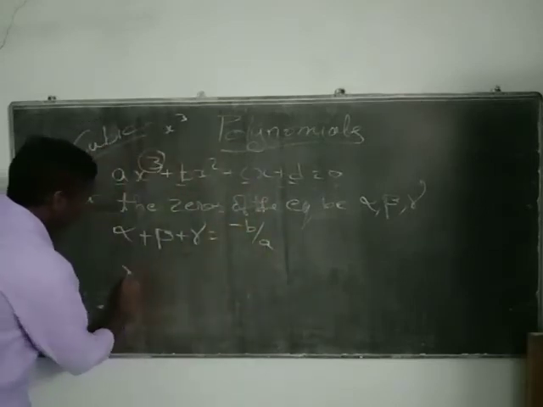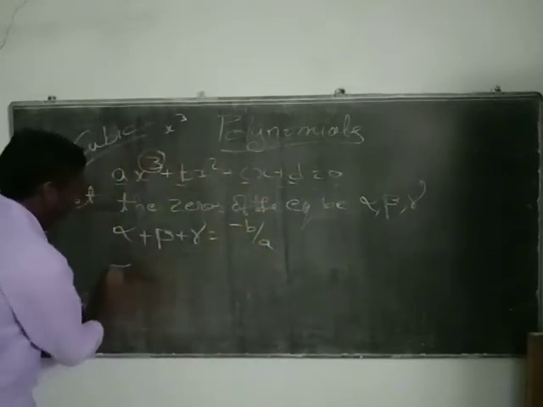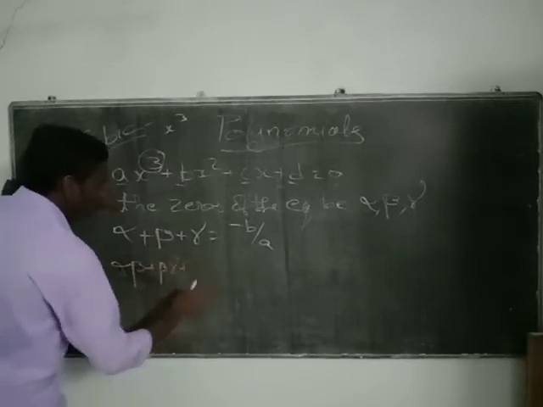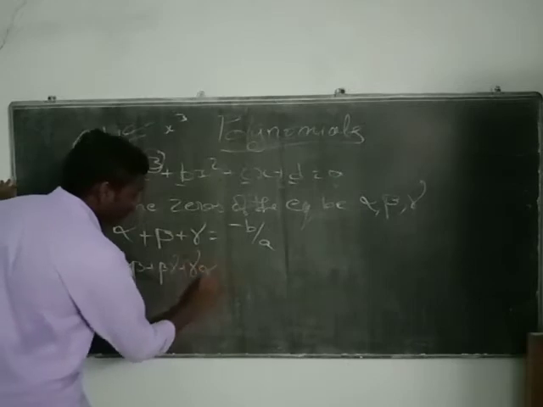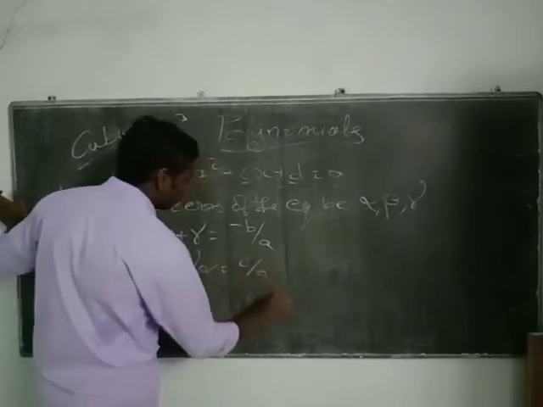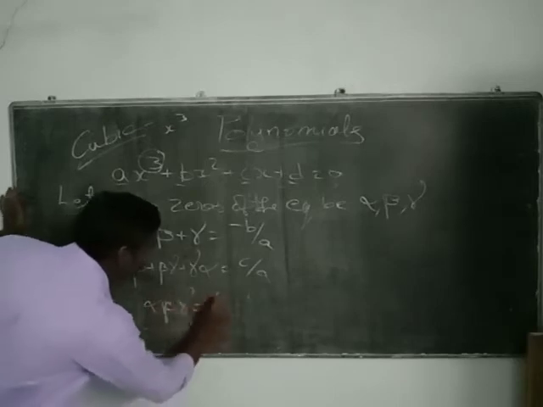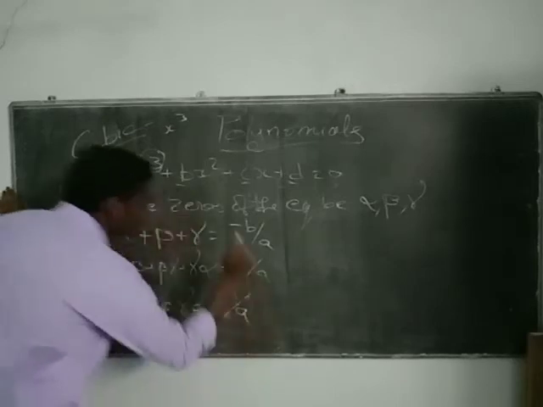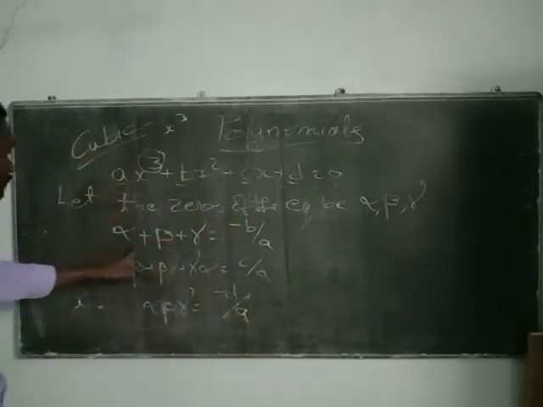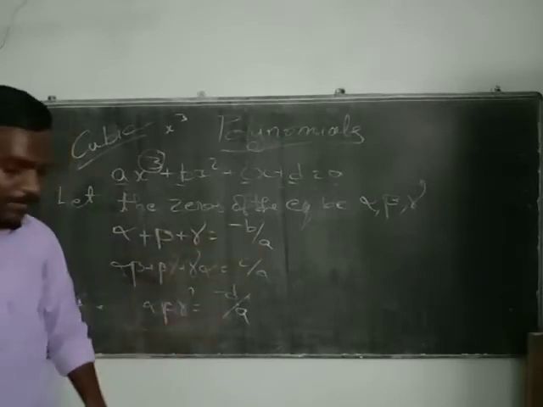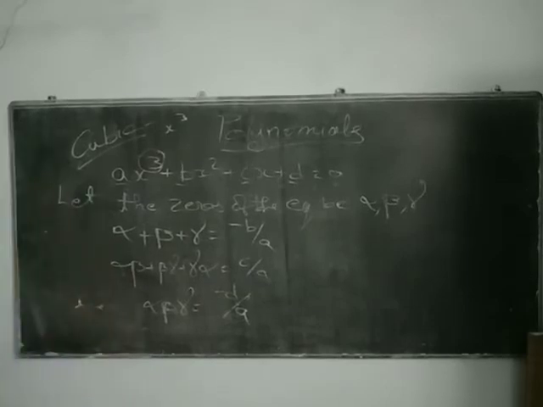Similarly alpha beta plus beta gamma plus gamma alpha is equal to c by a, and another one is alpha beta gamma is equal to minus d by a. You have to remember these formulas.